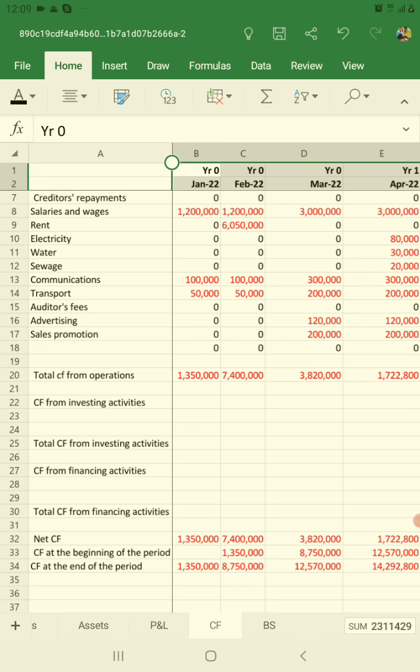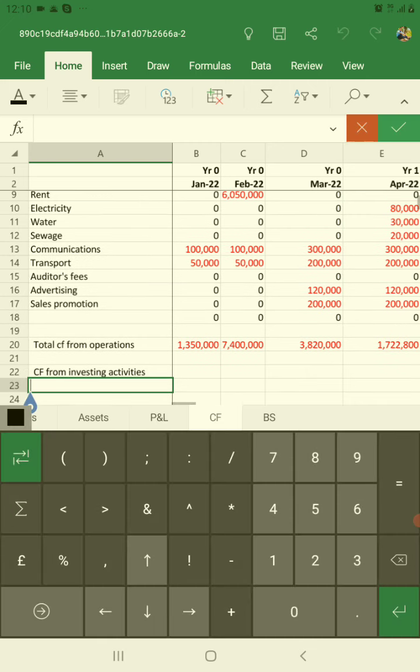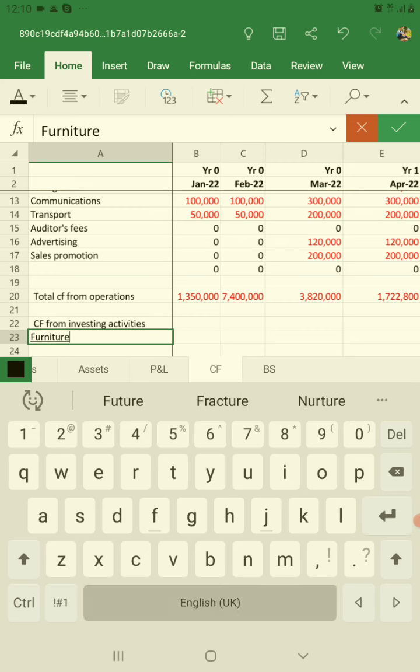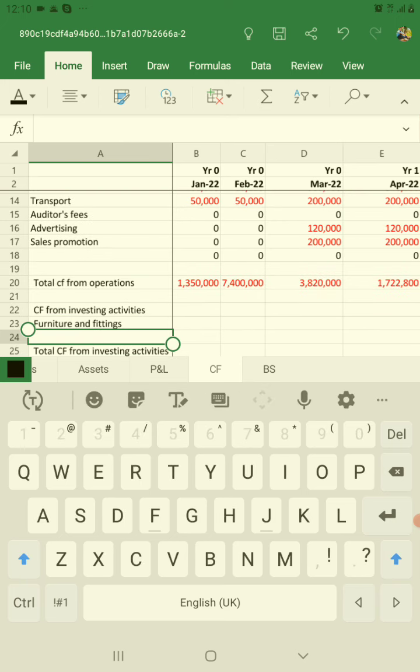Okay, so because these are investing activities, fixed capital expenditure, I click here and type furniture and fittings, double tap to open the type pad, furniture and fittings, and then computers.